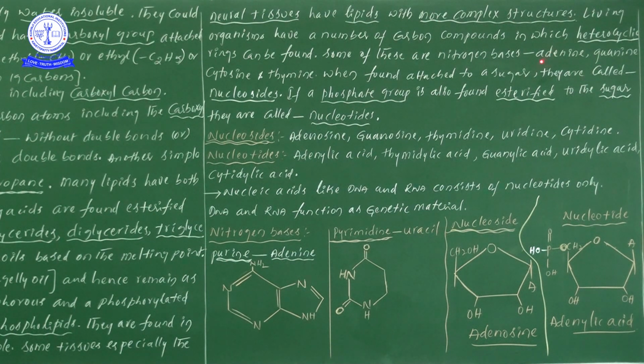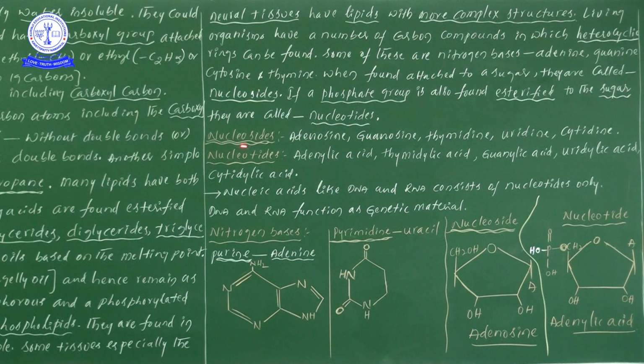Here you see adenine is there. For adenine, when pentose sugar is attached, we now call it adenosine. Now if phosphate is also attached, it is adenylic acid. So what is the point here we are understanding?